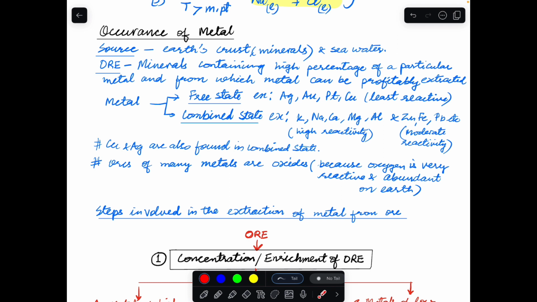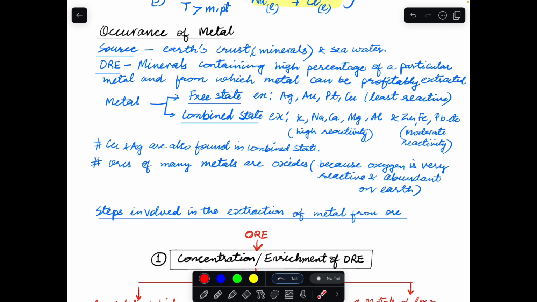All compounds of metals are not useful to us. Only those compounds of metal from which metal can be extracted are useful to us, and they are called ores. So ores are basically minerals containing a high percentage of a particular metal, and from which metal can be profitably extracted. So those minerals from which we can extract metal profitably are called ores. All minerals are not ores.